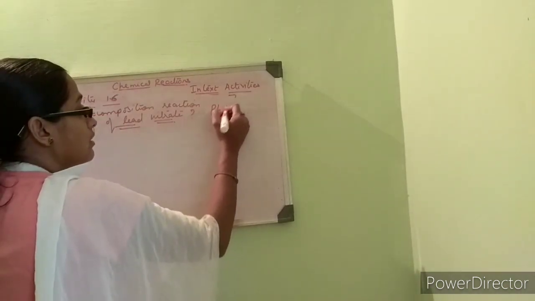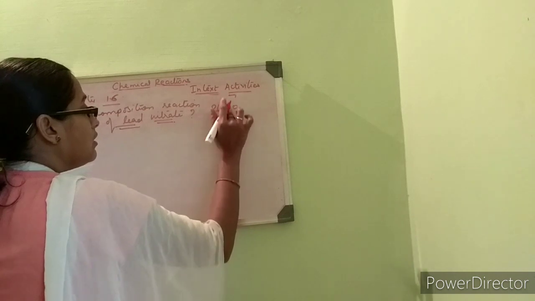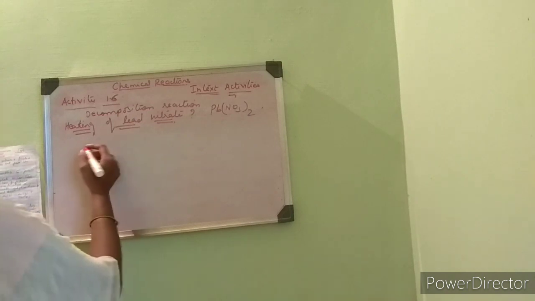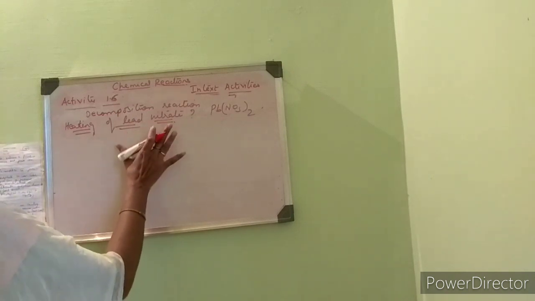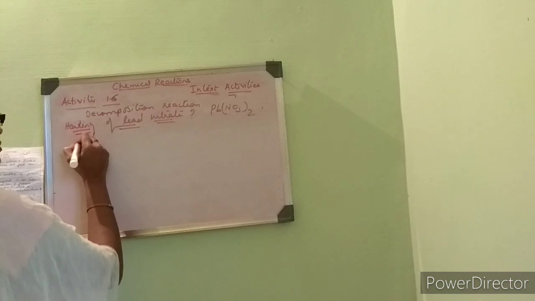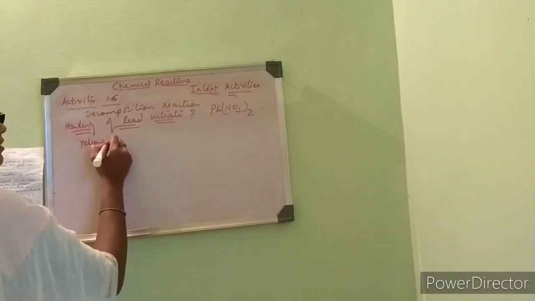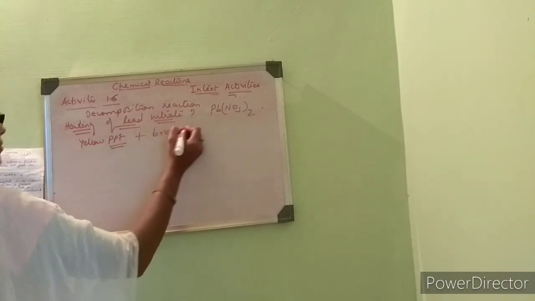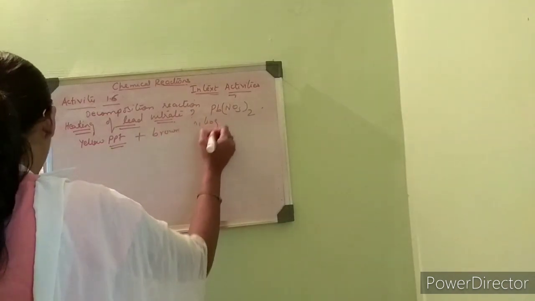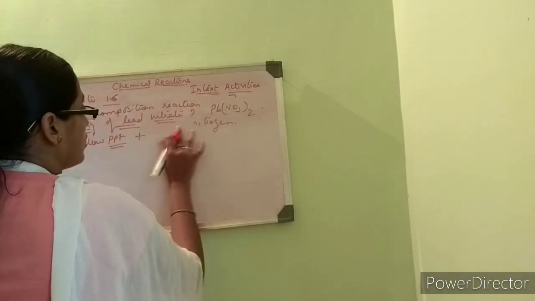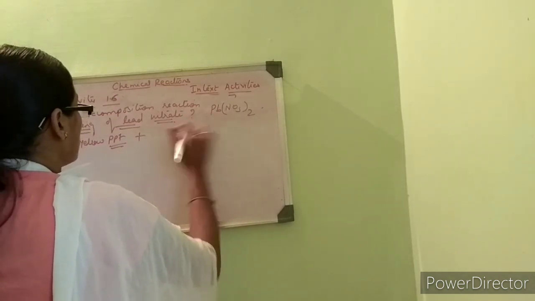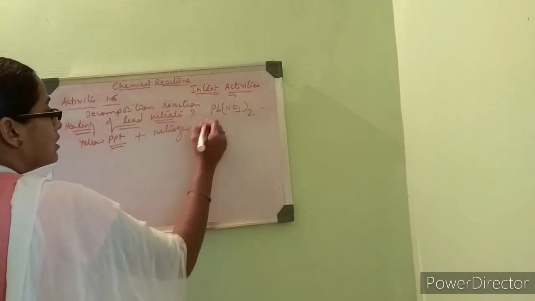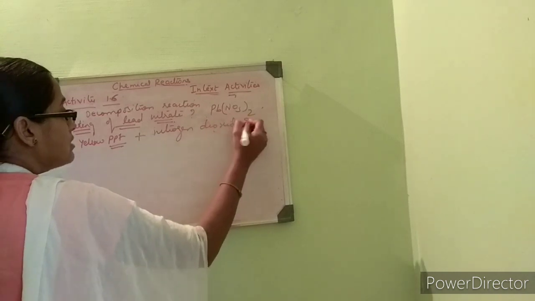It is Pb(NO3)2. On heating, a yellow precipitate is formed and brown nitrogen dioxide gas is evolved, so yellow precipitate and nitrogen dioxide gas are released.